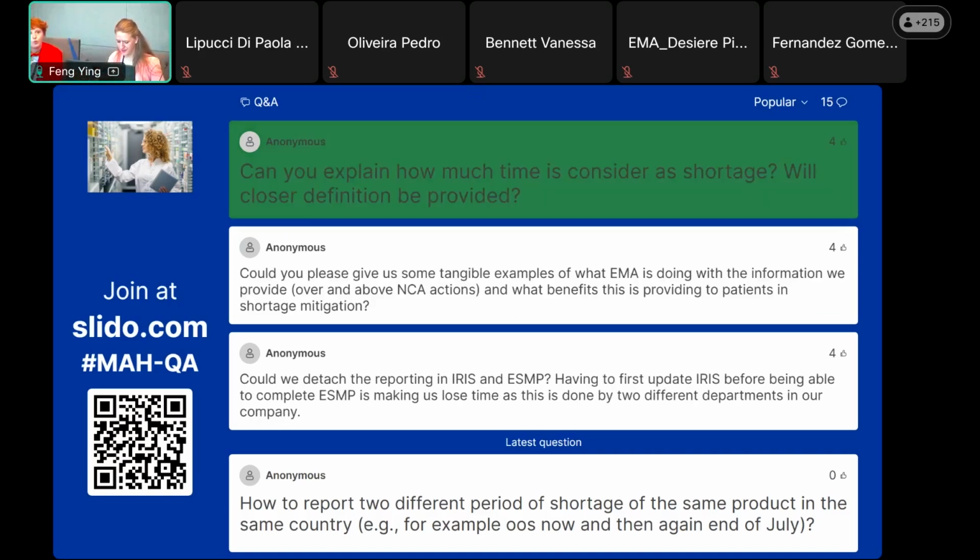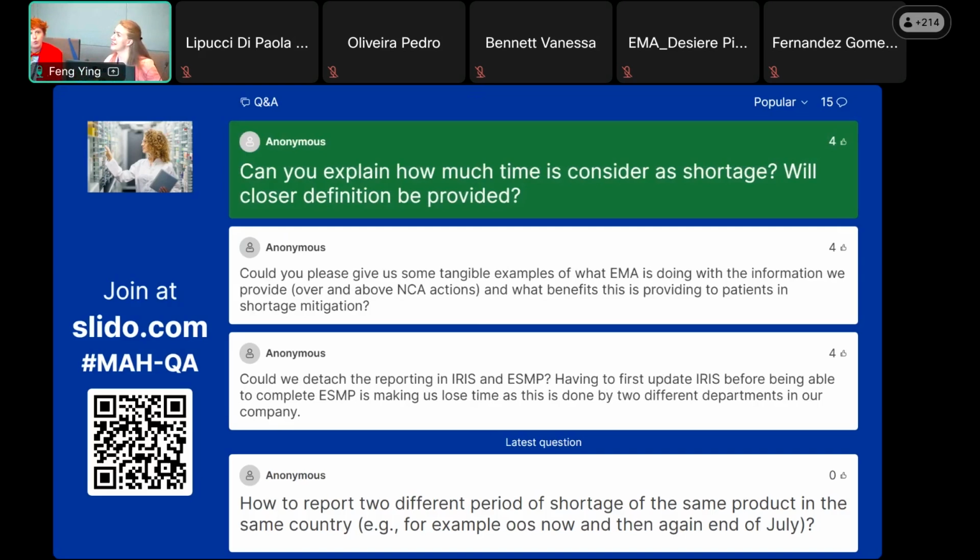Moving on. The next question is, can you explain how much time is considered as shortage? Will a closer definition be provided? So as already mentioned in the session, the EMA and the SPOC Working Party are working on implementation of the definition of a shortage, what exactly it means.